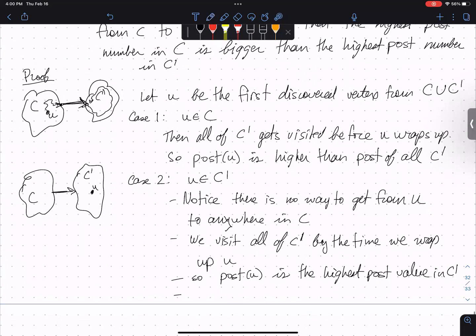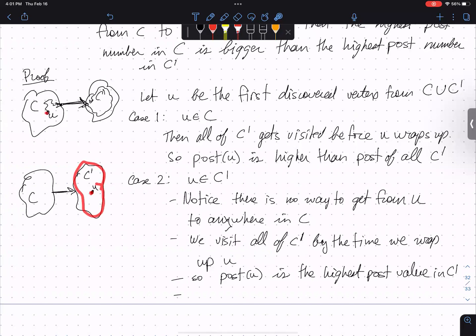In case one, U is in C. So if U is in C, then we do go to C prime and we go to all of C. But if U is in C prime, then we have no way to go back to C. So if we're starting from U in C prime, we're just going to explore this.